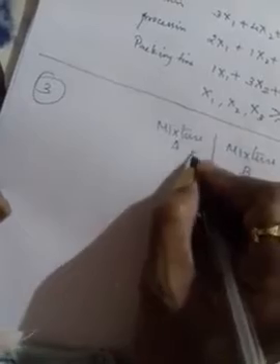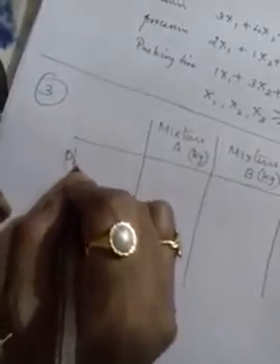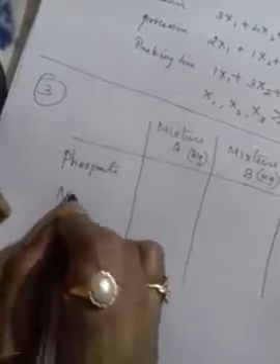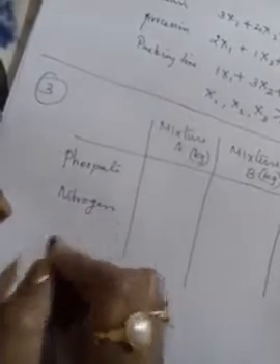It's given in terms of kg. And here it is given the minimum requirement in terms of kg. And the constraints they gave: phosphate, everything in terms of kg, nitrogen.